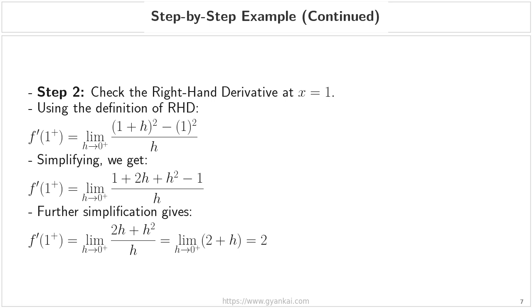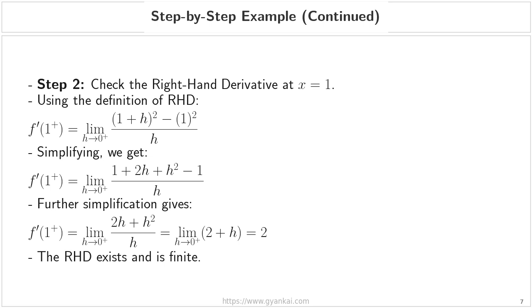We can then divide both terms in the numerator by h, which simplifies the expression to the limit as h approaches 0 from the right of 2 plus h as h tends toward 0. The value of this limit is simply 2. Because we have arrived at a specific real number, we can conclude that the right-hand derivative exists and is finite. Having verified the left endpoint, we will now move to the next slide to perform a similar check for the right endpoint of our interval.